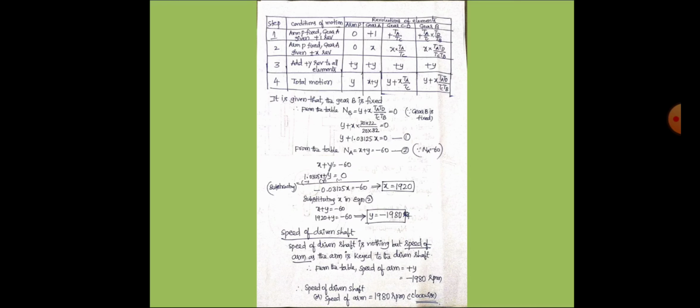I need not find it, already I know: y is equal to minus 1980 rpm. So you write down the speed of the arm or speed of the driven shaft is equal to, simply without sign, 1980 rpm. But it is minus actually. Therefore, in the bracket you have to write clockwise. Like that, you can find the speed of the driven shaft or the driving shaft.